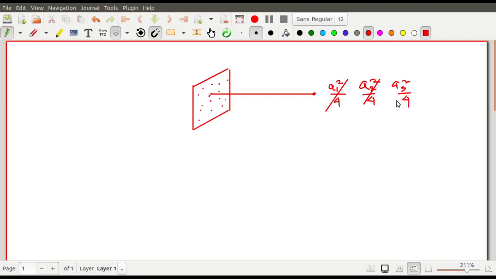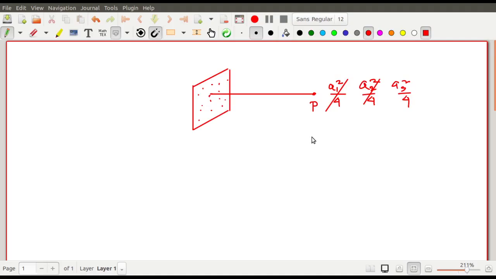That is, as we block the number of zones, the intensity gradually decreases, and when we can block a number of zones together, we actually say that we don't find any intensity at the point P, and this conclusively shows the rectilinear propagation of light, that is, light travels in a straight path.